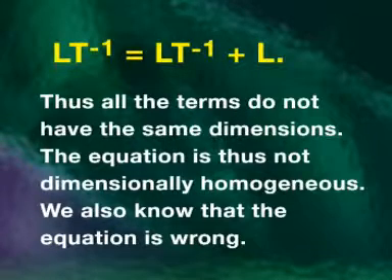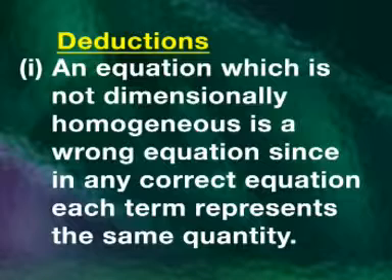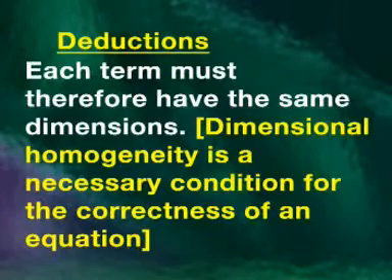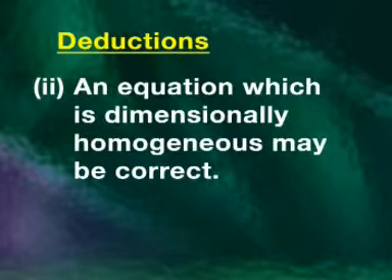What deductions do we make from this? 1. An equation which is not dimensionally homogeneous is a wrong equation, since in any correct equation, each term represents the same quantity. Each term must therefore have the same dimensions. Dimensional homogeneity is a necessary condition for the correctness of an equation. 2.